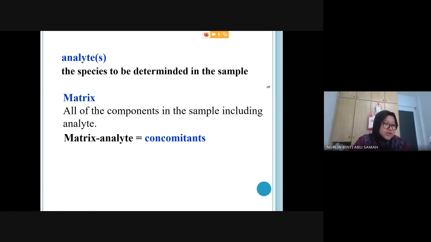As you all know, we have different kinds of problems to be analyzed. When you have a different sample, of course, you will have different types of analyte. A matrix is all of the components in the sample, including analytes. That is what we call matrix.